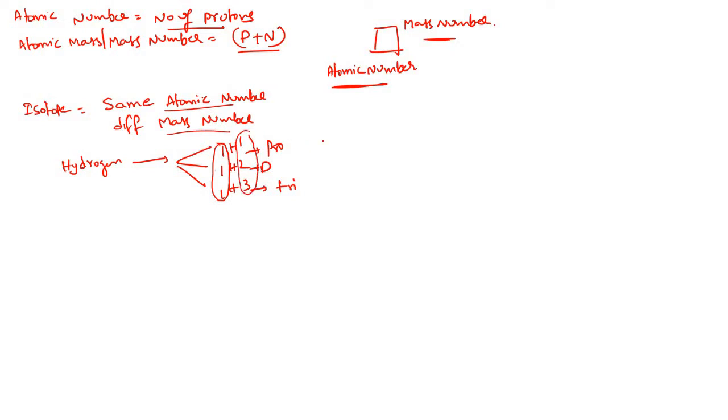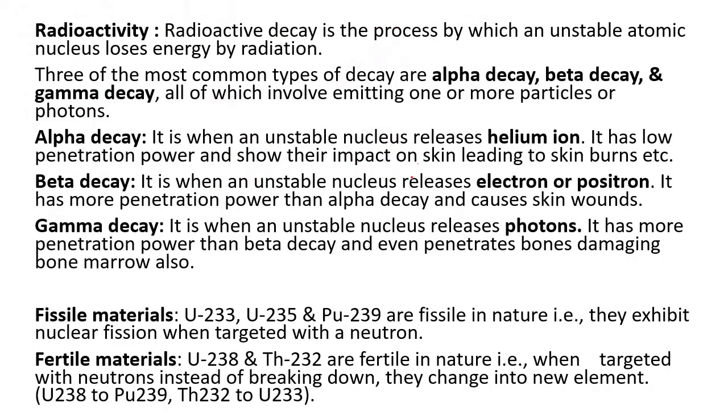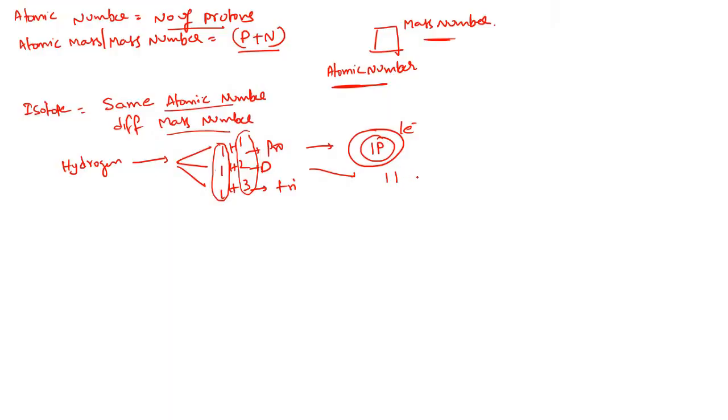Okay, and if we see structure also for protium, there will be one proton in the nucleus and one electron outside. And if you take deuterium, there will be one proton plus one neutron which is surrounded by one electron.